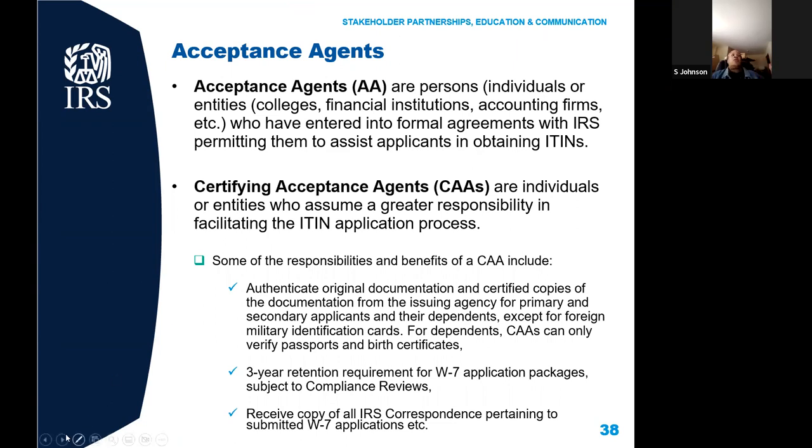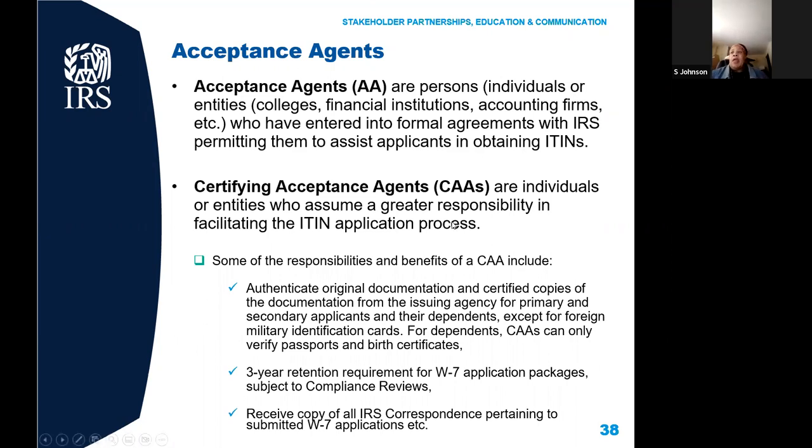They also could, picture this, you come in there for your W-7 application and say you don't have your tax return done or prepared. The VITA site can prepare that return for you free of charge, help you with preparation of your application free of charge, get that application and that return together, and send it on for processing, all free of charge.